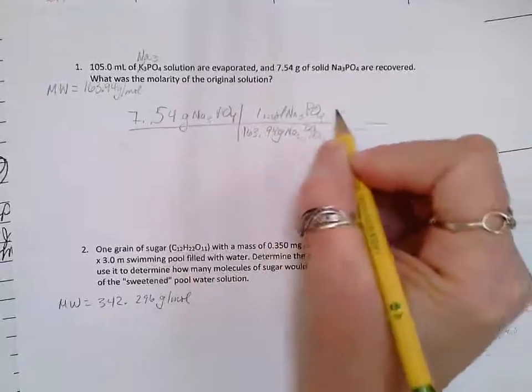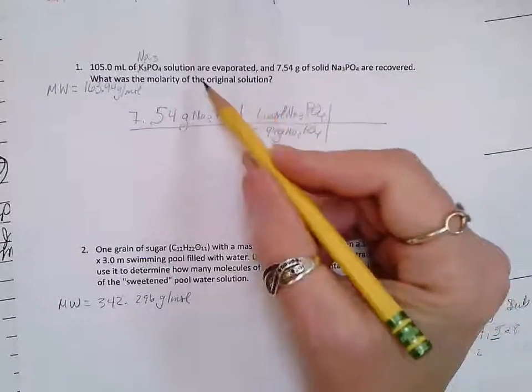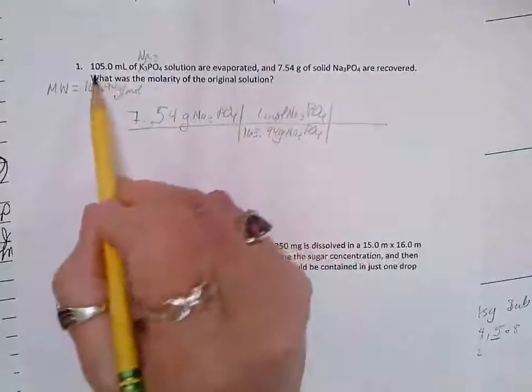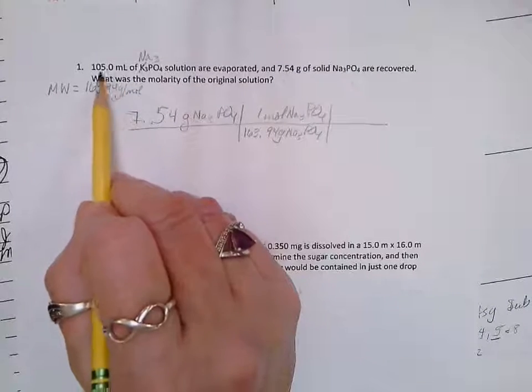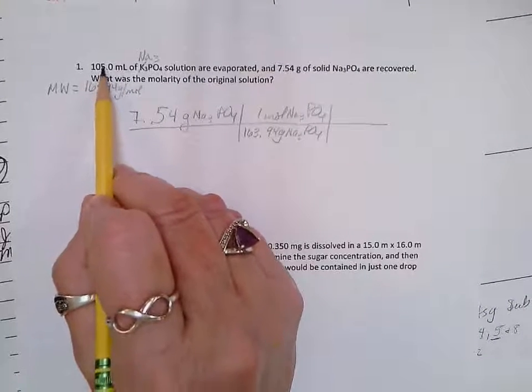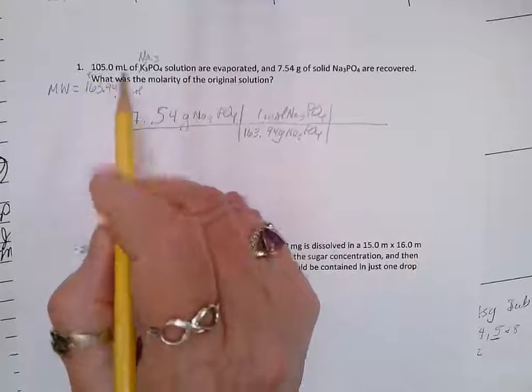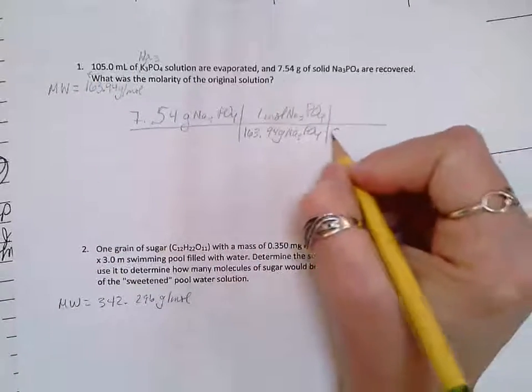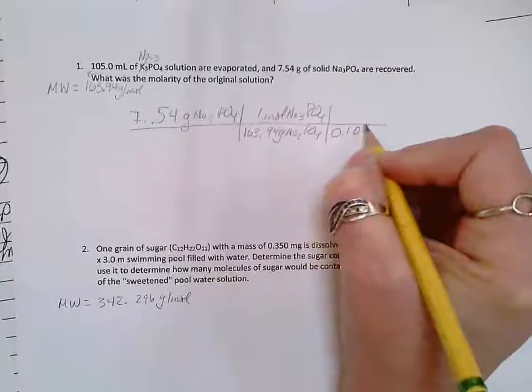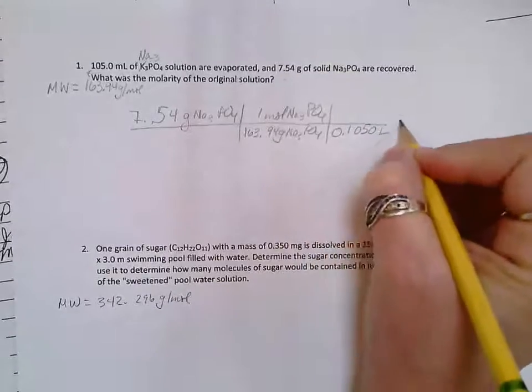I want to know the molarity, so I have to convert these milliliters into liters. I divide by 1,000, or move the decimal point 3 places to the left, and so that's going to be 0.1050 liters.